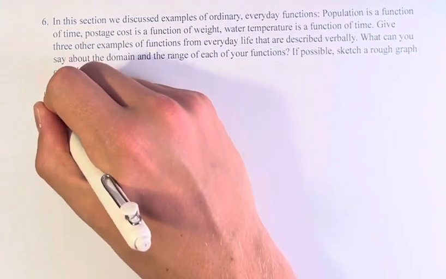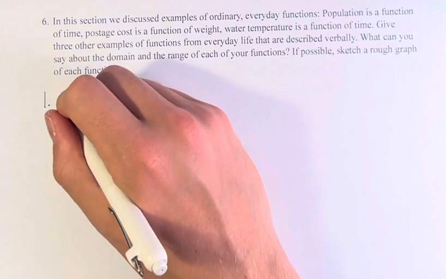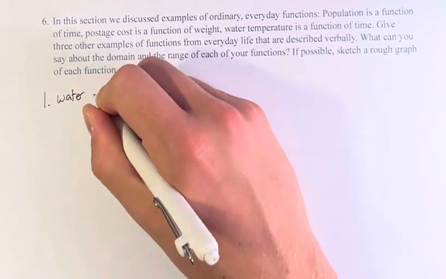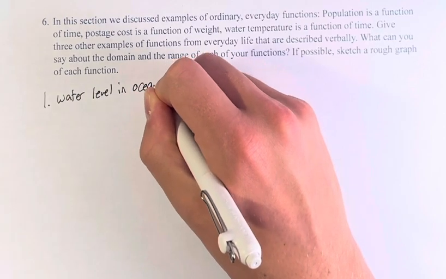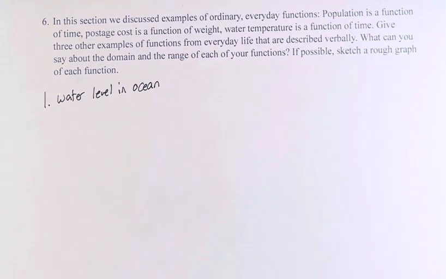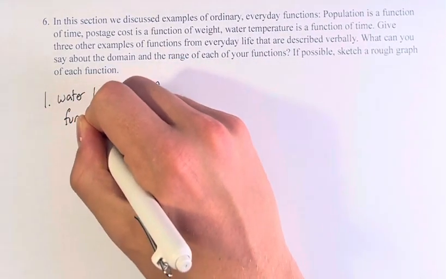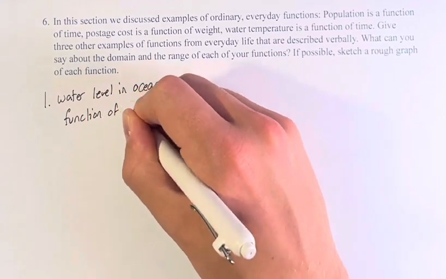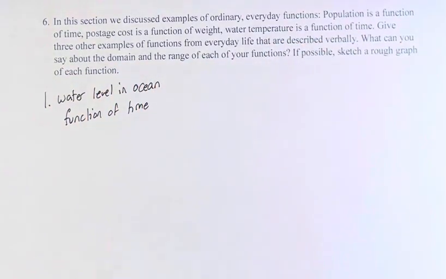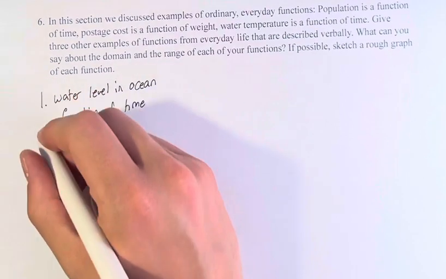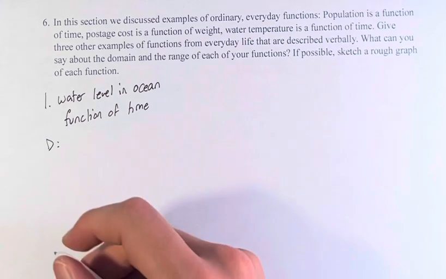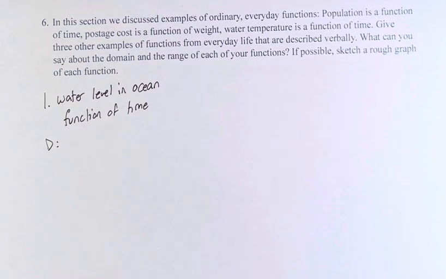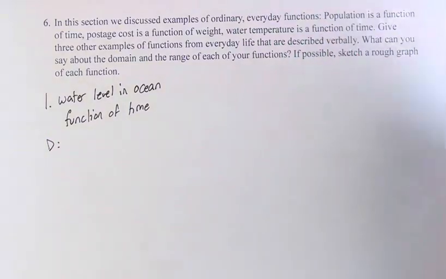So for our first function, we're going to do the water level in the ocean. With the tides, this is constantly changing, so it is a function of time. What is the domain of this function? Well, you can take any range that you want, but perhaps the most helpful one is from the time at which it's low tide to the next time at which it's low tide.